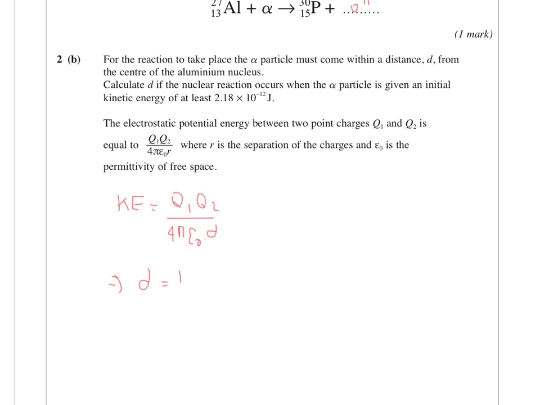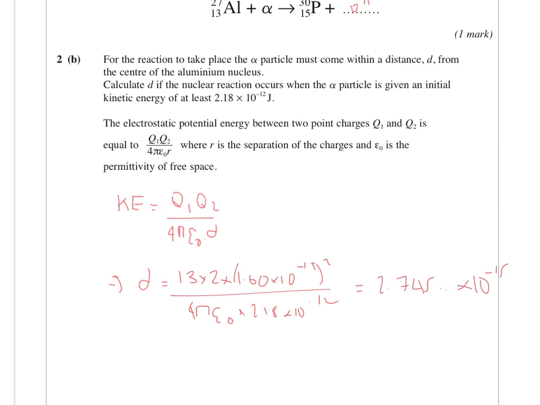It's aluminium, so it's going to be 13 times 2 times 1.60 times 10 to the minus 19 squared, because it's in both terms involved in the expression, and that's going to be 4 pi epsilon-zero times 2.18 times 10 to the minus 12, which is equal to 13 times 2 times 1.60 times 10 to the minus 19 all squared, divided by 4 times pi times 8.85 times 10 to the minus 12, and also divided by 2.18 times 10 to the power of minus 12, which comes out as 2.745 times 10 to the minus 15, which is approximately 2.